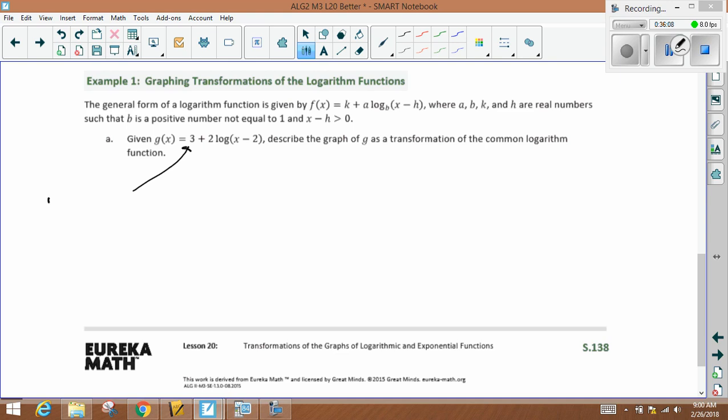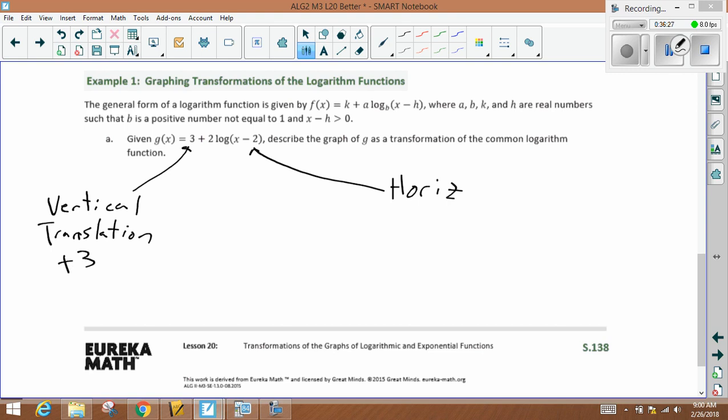What is this? This is a vertical translation. What did this one do? It was horizontal, and in particular, this one was positive 3, right? And even though it's a negative 2, it doesn't move it in the negative direction, right?